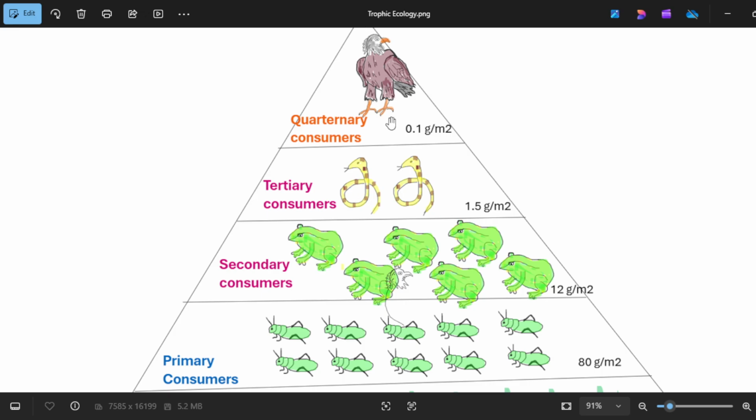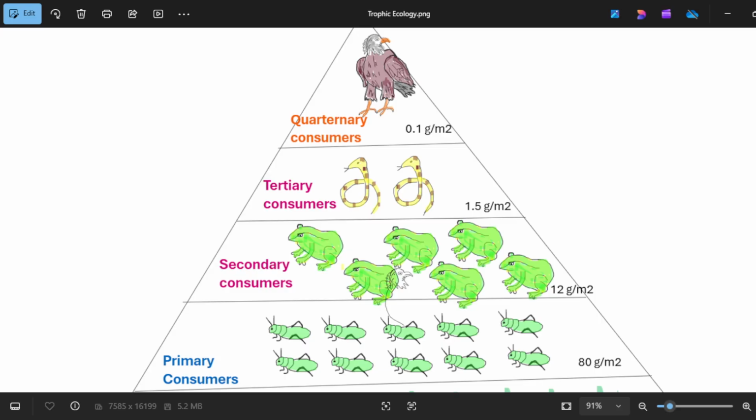So both of these are going to become extinct. So scientists, by studying this food chain and what is happening in the ecosystem, can make sure the population of the frogs is increased so that the snakes as well as the eagles are prevented from extinction.